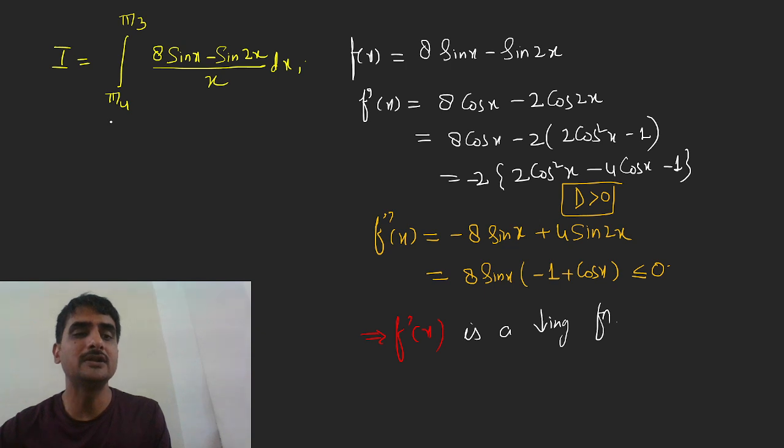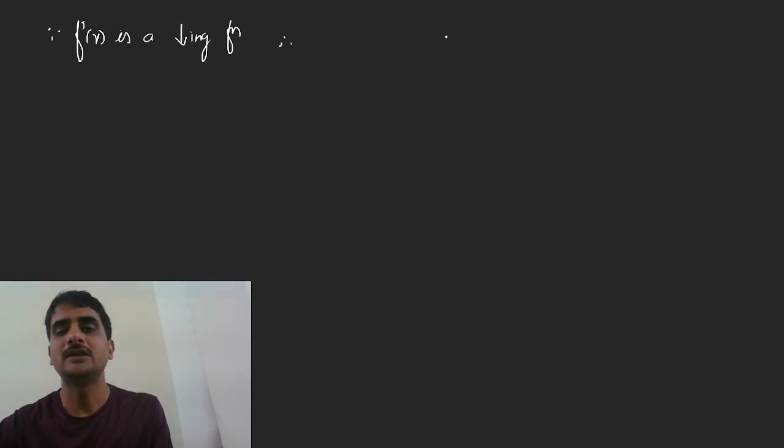So now our interval of concern is pi by 4 to pi by 3. Since f dash x is a decreasing function, therefore I can write f dash x will be less than or equal to f dash pi by 4.